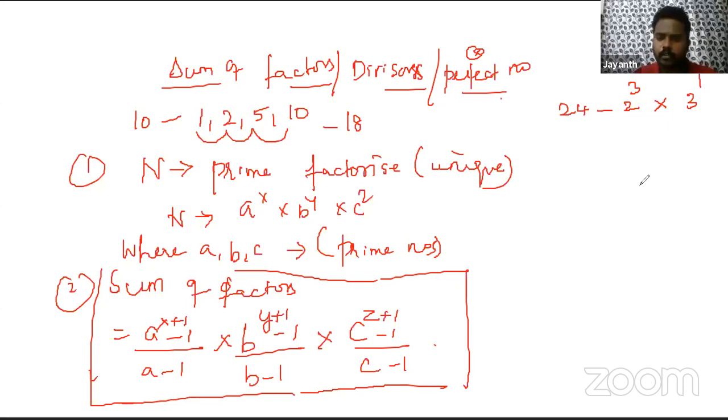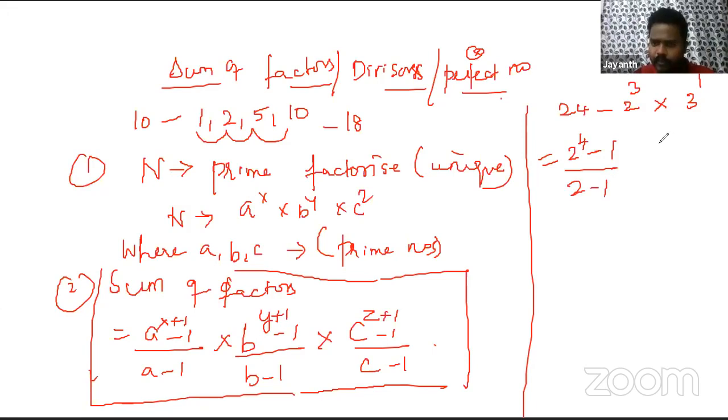Now apply the formula: 2 power 3 plus 1, which is 2 power 4, minus 1, divided by 2 minus 1. Likewise, 3 power 1 plus 1, which is 3 square, minus 1, divided by 3 minus 1.